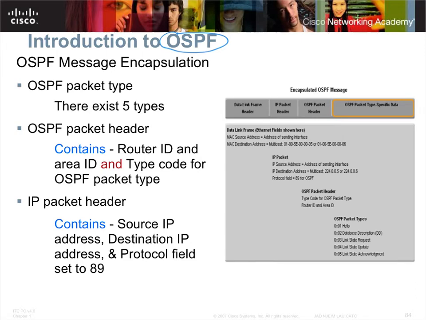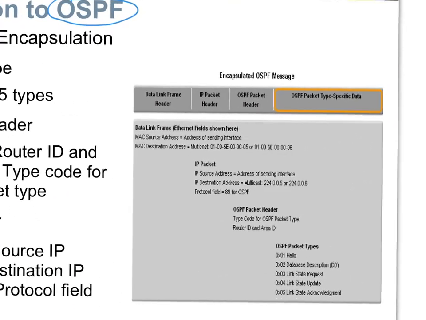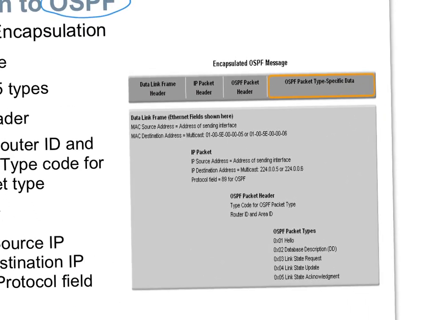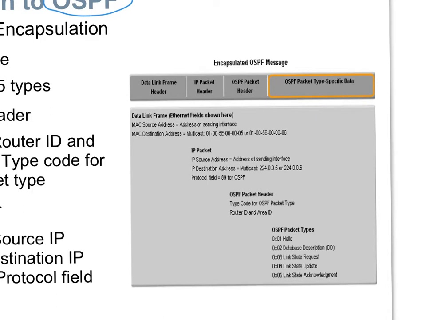First, when we talk about the protocol data unit for OSPF, we see that we have the data link layer header, and the data link layer header contains a multicast physical address. Just because we are physically connected to each other doesn't mean we are neighbors, so in general I need to send multicast.